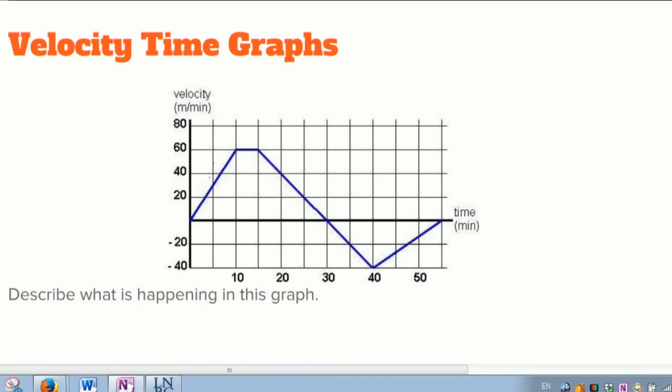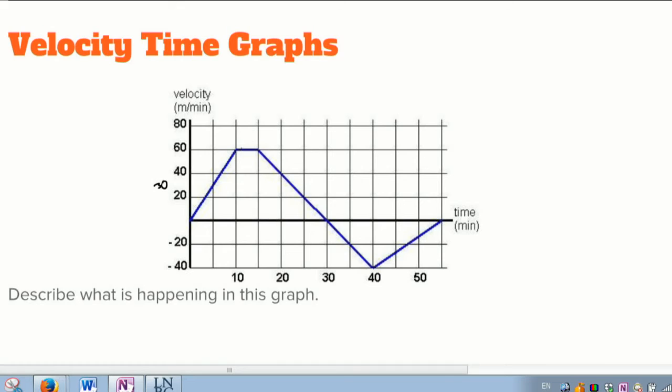If I looked at 5 seconds, I go across, this looks like it's about, I don't know, what's that, 30, maybe 29, we'll pretend it's 30. What does that mean? Well, the object at 5 seconds is moving at 30 meters per second. At 10 seconds, the object's moving at 60 meters. Oh, we're at meters per minute, which is weird. So here it's going at 0, now it's going 30, now it's going 60. So the object's speeding up.